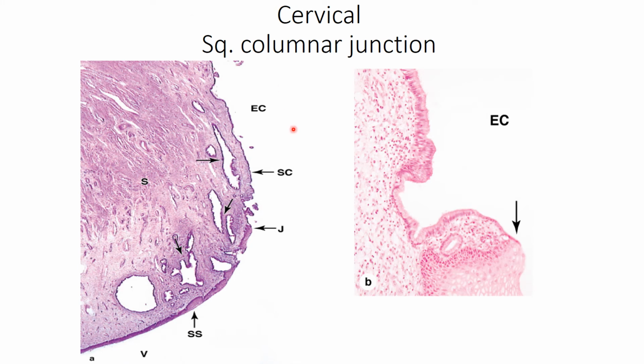Now we will discuss something about this change in the lining, which is known as the squamo-columnar junction. This is the junction between the stratified squamous non-keratinized epithelium, which lines the exocervix, and the lining of the endocervix, similar to the lining of the uterine cavity, which is simple columnar epithelium.